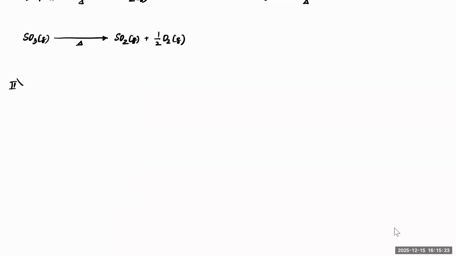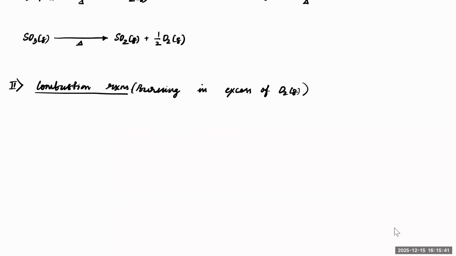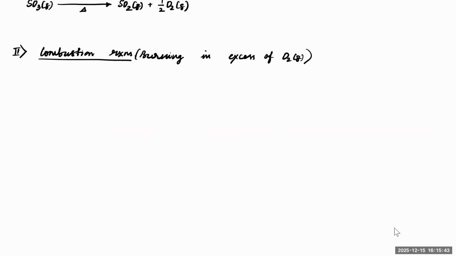Second type of reactions include combustion reactions. Combustion reactions. This is burning in excess of oxygen gas. Got it? Any carbon material you have, it will convert into carbon dioxide.